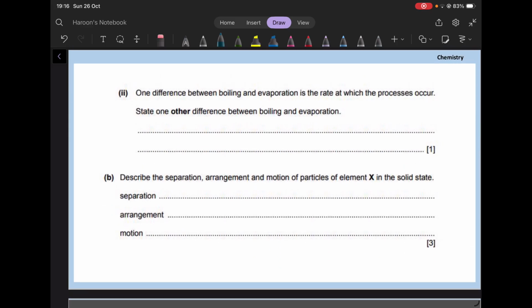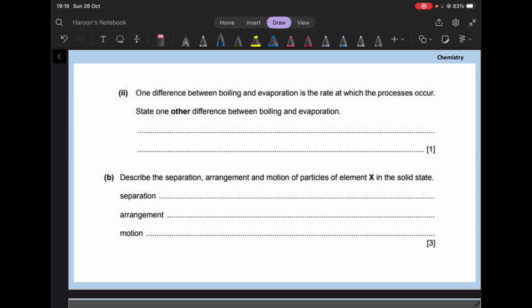One difference between boiling and evaporation is the rate at which the processes occur. State one other difference between boiling and evaporation. Boiling occurs at a fixed or specific temperature. Another change could be evaporation only occurs at the surface of the liquid, unlike boiling, which occurs throughout the liquid.